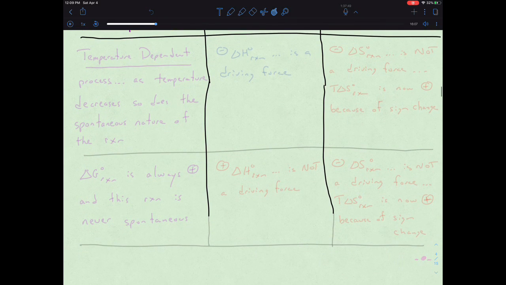So if our delta H is still negative, this is again a driving force. However, if we have a negative delta S of the reaction, this is not a driving force.